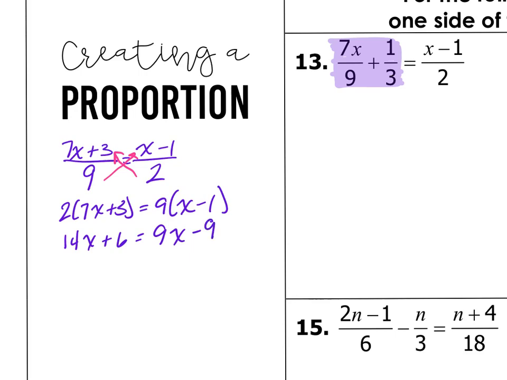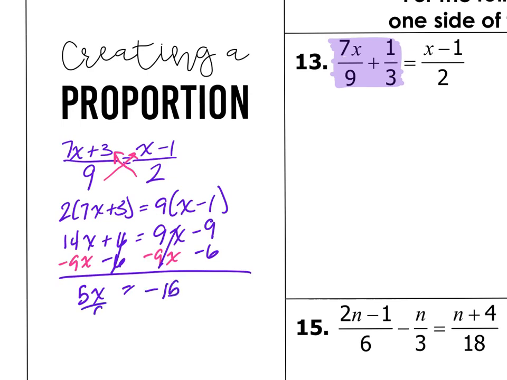I want all the variables on one side and all the constants on the other. So I'm going to subtract 6 and subtract 9x. 14 minus 9 is 5x, and this is 0, equals negative 15. Divide by 5, x equals negative 3.